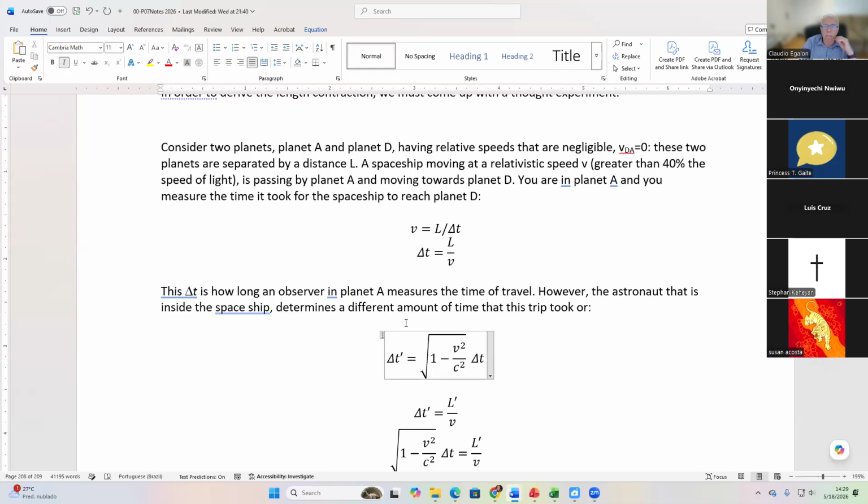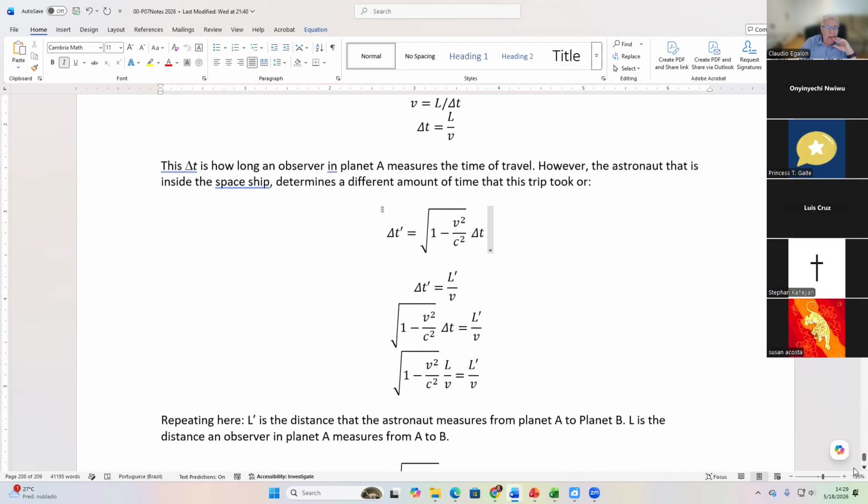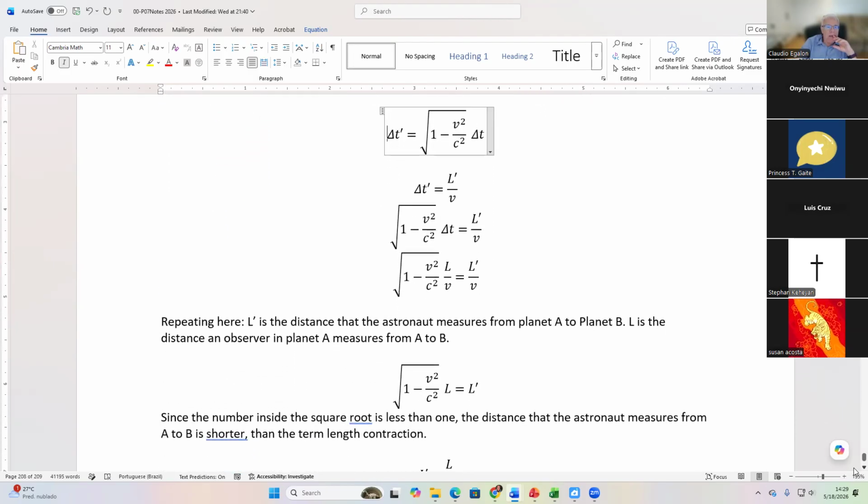Delta T prime is shorter, it is delta T times 1 over gamma. And then delta T prime is also equal to the distance that the astronaut sees between planets A and D divided by V, right?